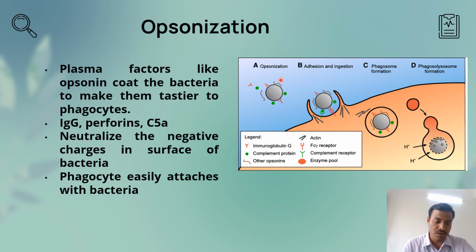So the main function of the opsonin is they neutralize the negative charge so that they cannot be repelled by the phagocyte membrane. Okay, so by neutralizing the negative charge, they are attracted towards the phagocytes. So the phagocyte easily attaches with the bacteria. So that is opsonin. Okay.